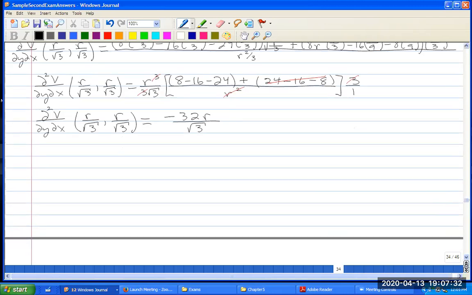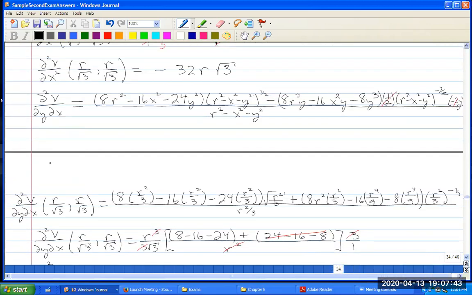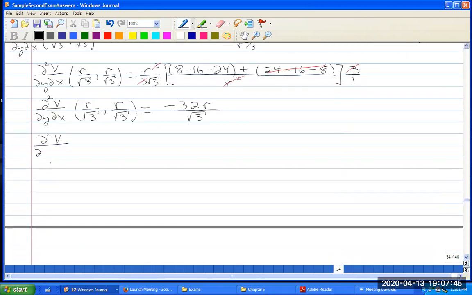And let's do the other mixed partial of xy. I did yx. So let's do xy. So let's do that.